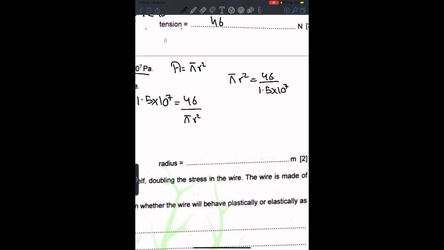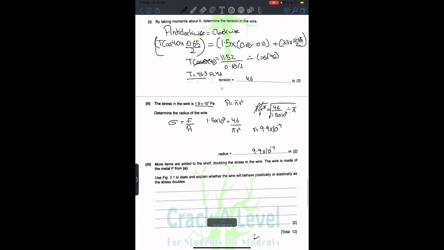Now pi is being multiplied here, so it can be divided there. We know that r is squared and we just want the radius, so we'll take the square root. I'm getting my answer to be 9.9 times 10 to the power minus 4. This is after rounding off.